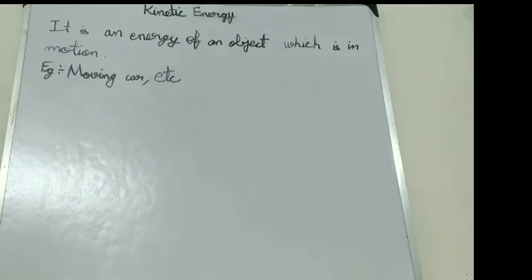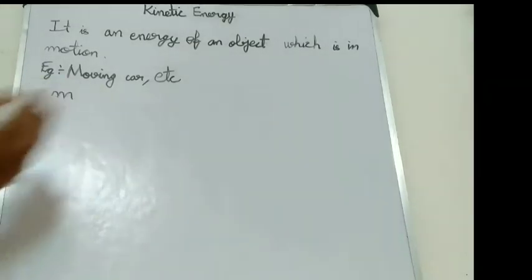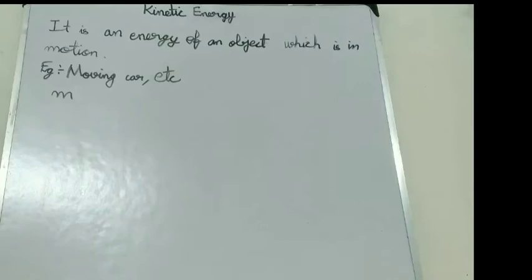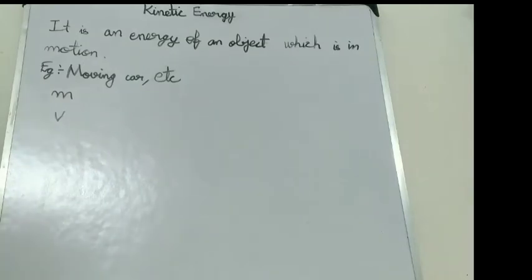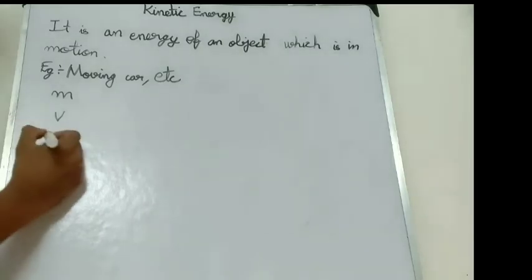If we take a body of mass m, which is moving with a constant speed of v, how much work can it do before it comes to rest? There will be a retarding force F to make it come to rest.